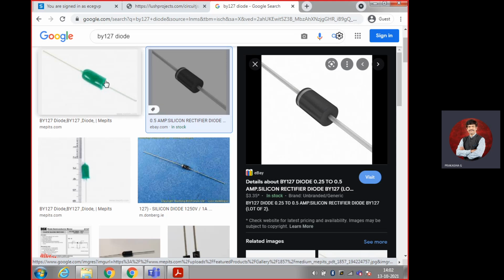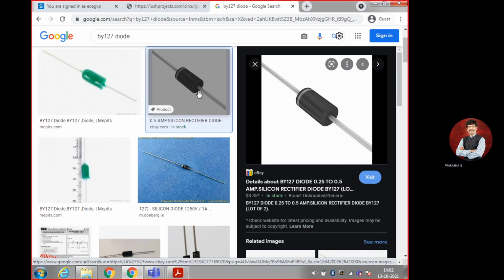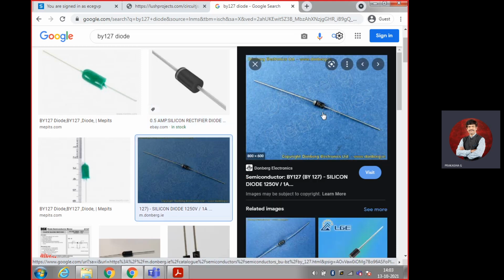So BY127, the green color one, is a rectifier where we can easily identify anode and cathode. But the black color diode, purely cylindrical, is going to be used in a switching circuit. You can convert AC to DC, or you can switch on, switch off. And see here, this is one more.